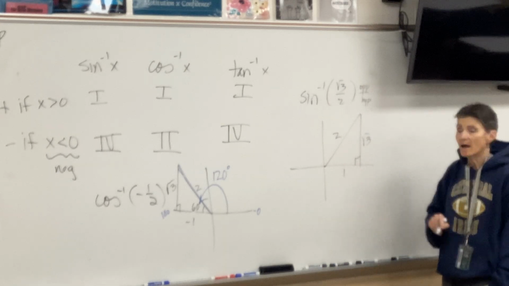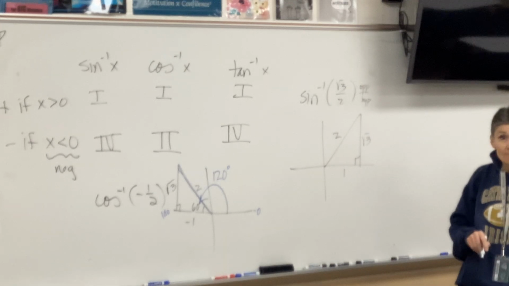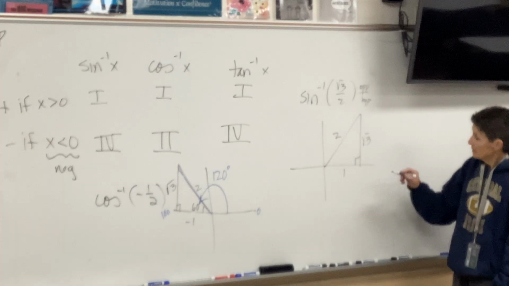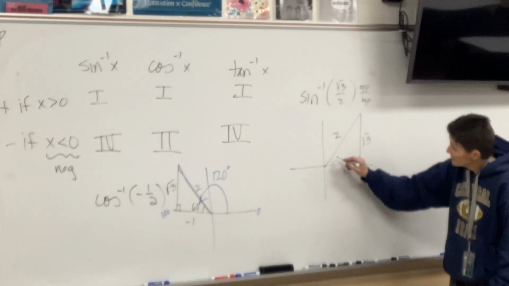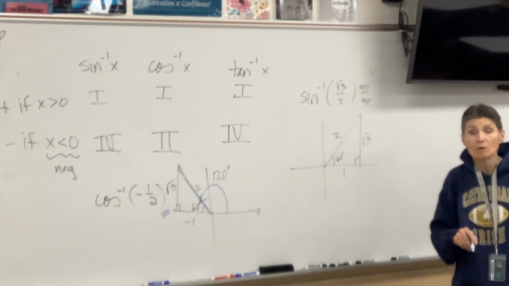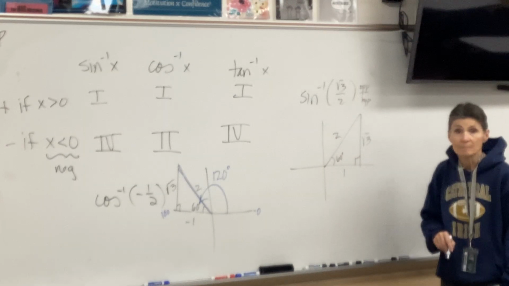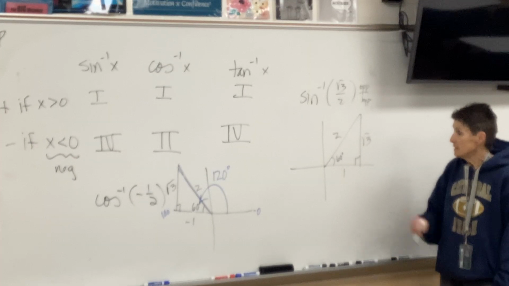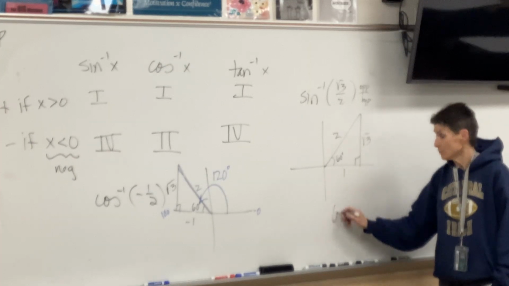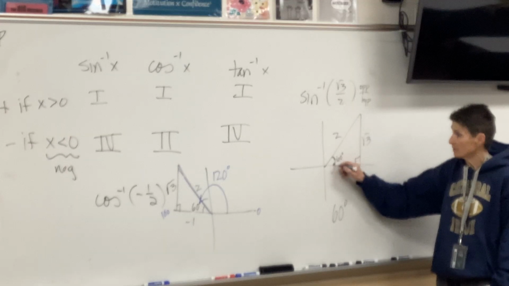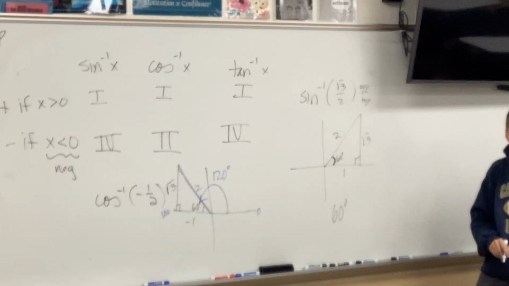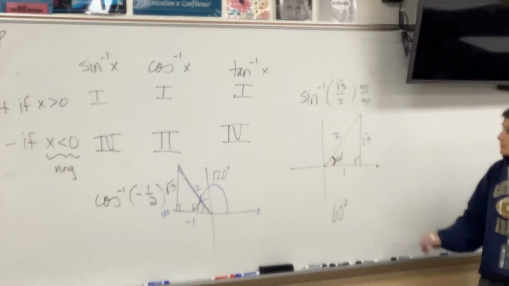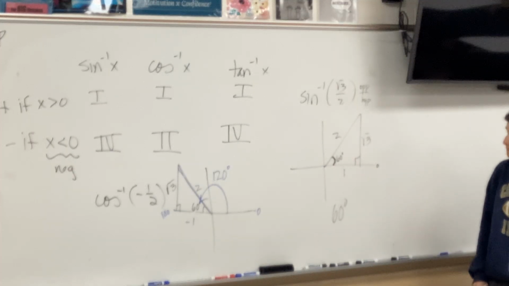That makes this side a 1. And if that's the root 3, then the angle I need is a 60 because 60 is across from root 3. Since that's in quadrant 1, the answer is 60 degrees. That is the angle we're looking for. 60 degrees.